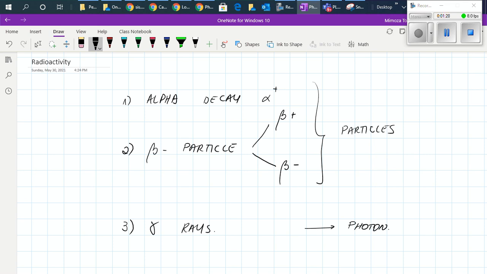Now alpha decay is positively charged. We know it's the nucleus of helium.